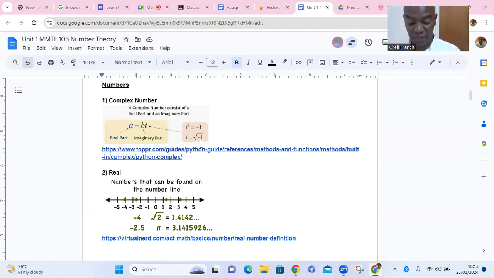Example, the square root of 25 is 5. The reason why the square root of 25 is 5, because if you take 5 and you multiply it to itself, you get 25. And the fact is that a negative number times a negative number is a positive number. -5 times -5 is 25, positive 25.